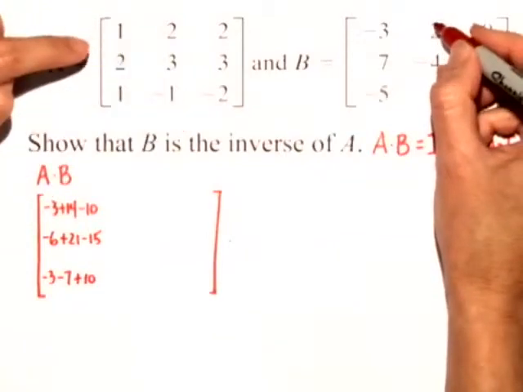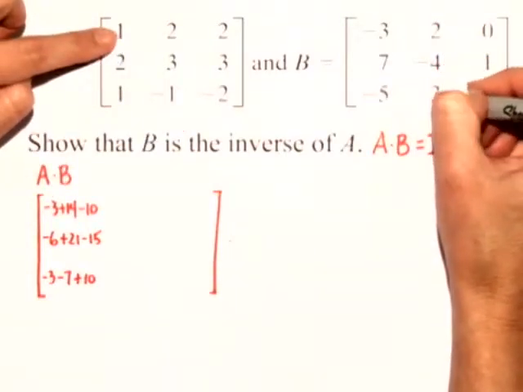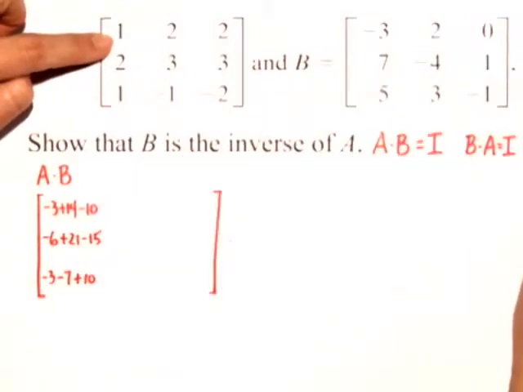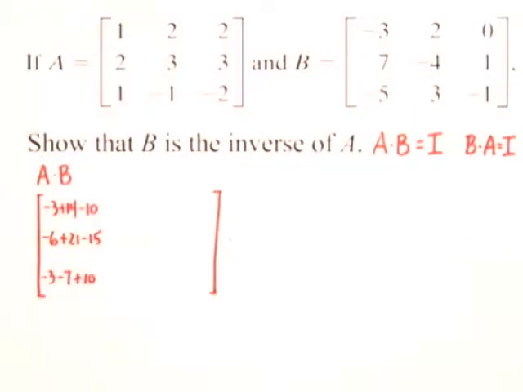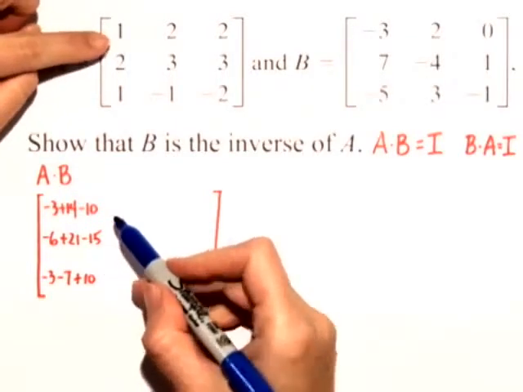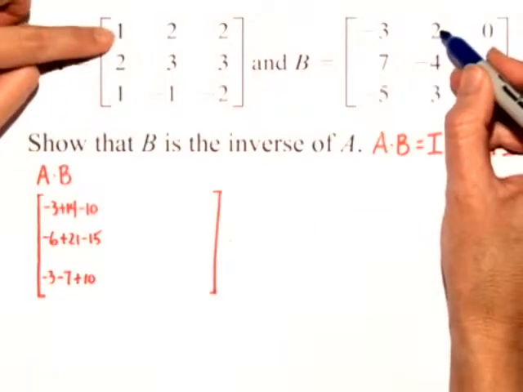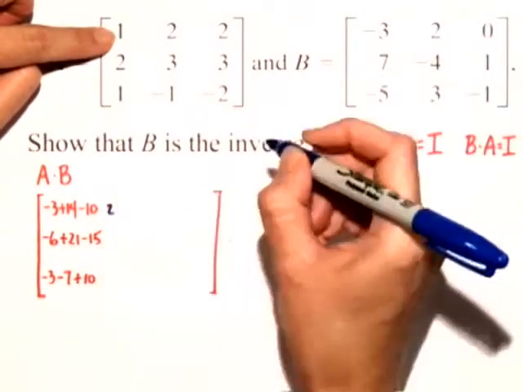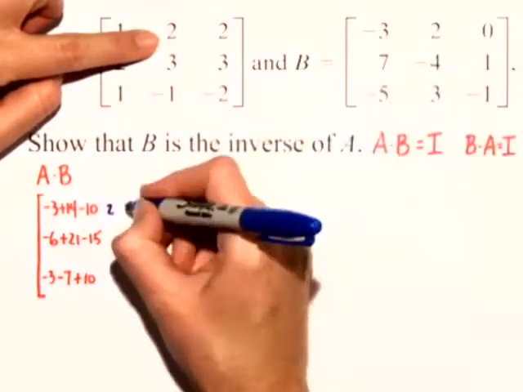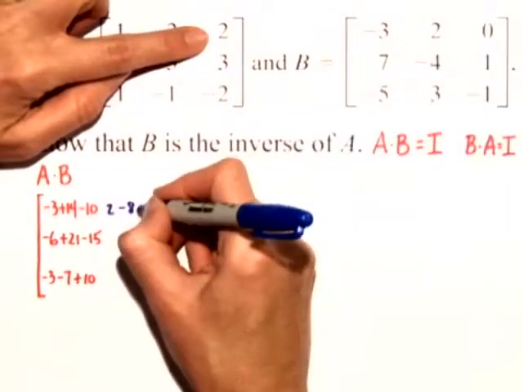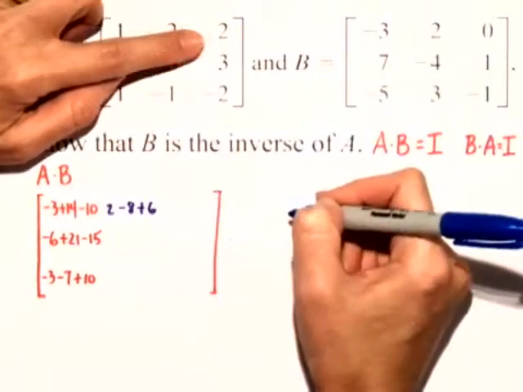Now we'll move on to row 1, column 2. I'm actually going to put the middle column in a different color so it doesn't run together. So row 1, column 2. 1 times 2 is 2, plus 2 times negative 4 is minus 8, plus 3 times 2 is 6.